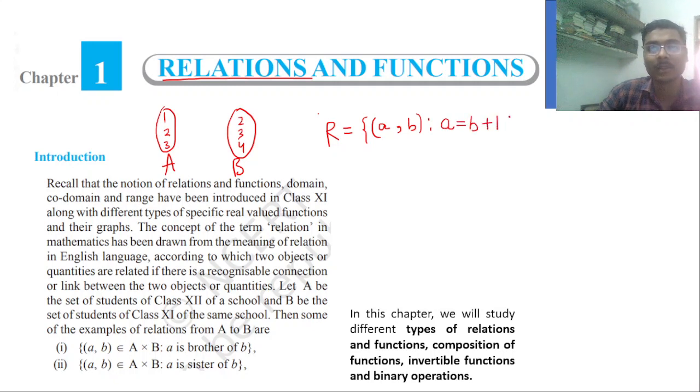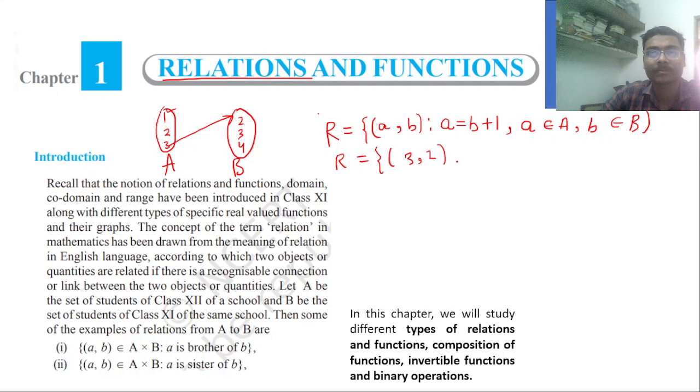For example, I define a relation like this, and also say that a belongs to set A and b belongs to set B. Then how will this relation come into the picture? If we take the first element of this set and put it here, then b plus 1, so 2 plus 1 is 3, and 3 comes here, a goes to this set, so (3, 2).